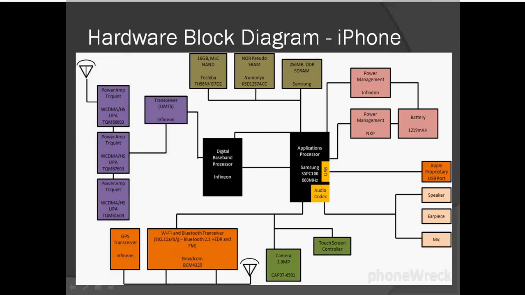Here's a hardware block diagram for the iPhone. So here we can see all sorts of different hardware devices that are implemented into the iPhone. You need to make sure that your power is managed, your battery is being run properly. You need to make sure that it can be plugged into USB ports, speakers, earpieces, microphones, all telephone device information.